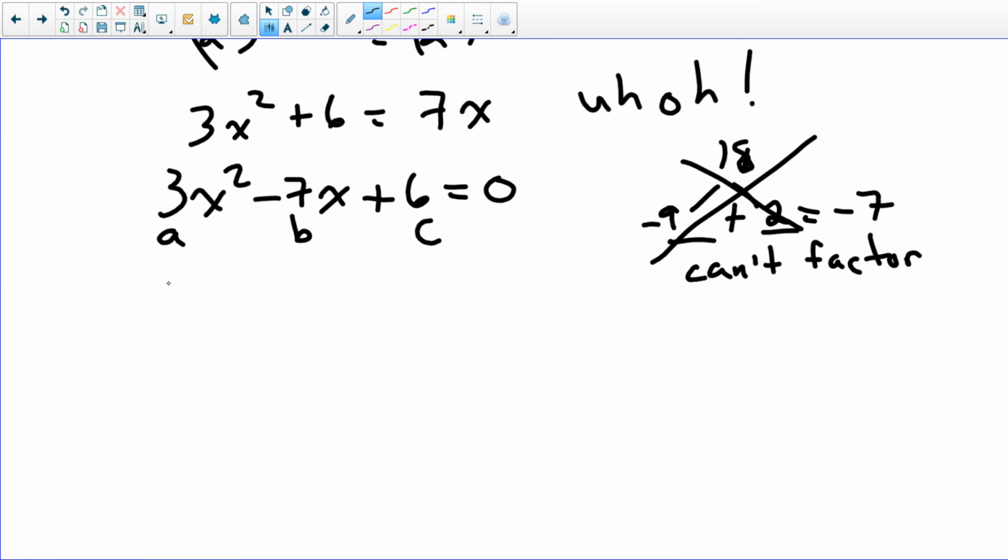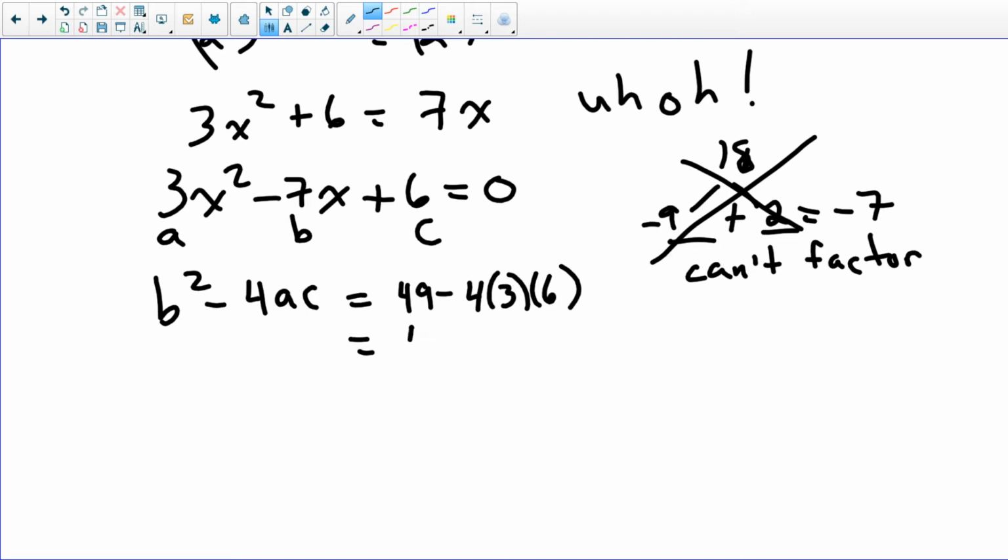So first thing about solving with the quadratic formula is using your discriminant, right? To find out if we have real zeros or not. So b squared is 49 minus 4 times a, which is 3 times 6.